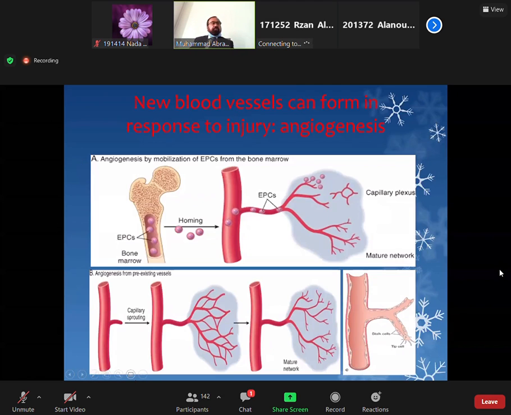This is an example of it. The upper one is the area here. There was no blood vessel, so these endothelial precursor cells start forming from the bone marrow. From the blood vessel, they enter into the tissue here, and they start forming vessels like this. Then they make a full meshwork of blood vessels, and it joins with the pre-existing one.